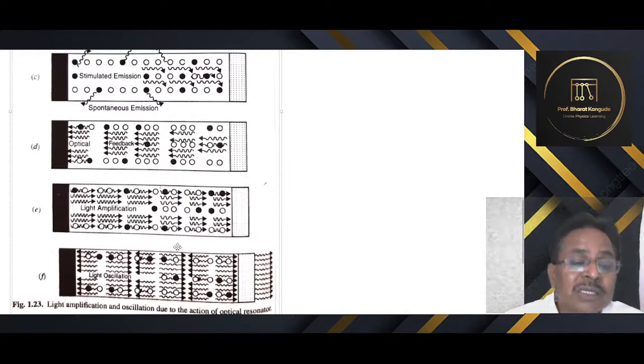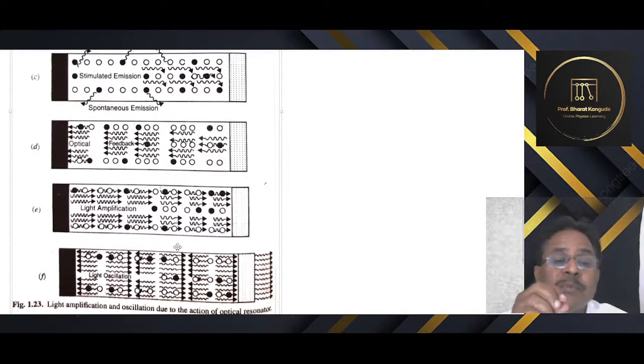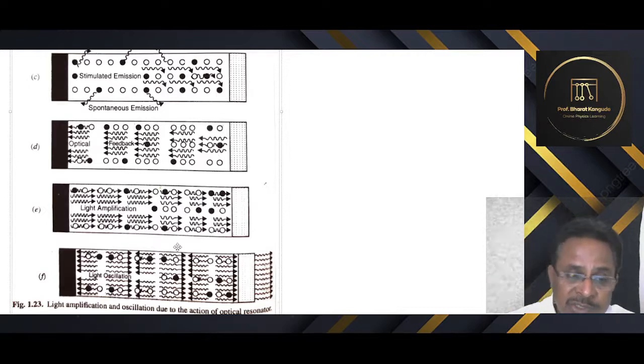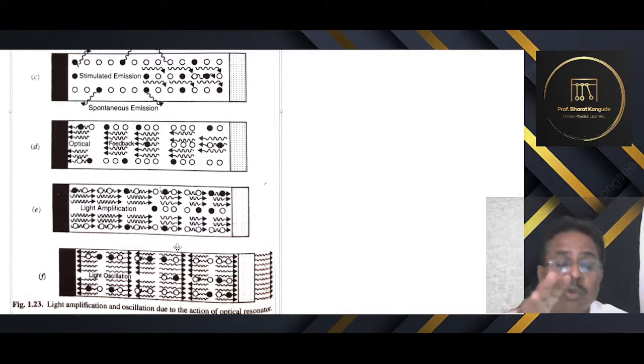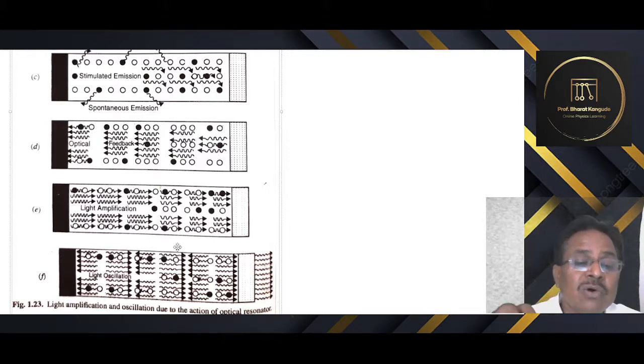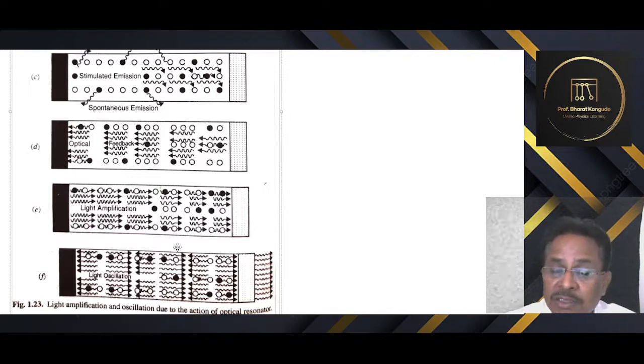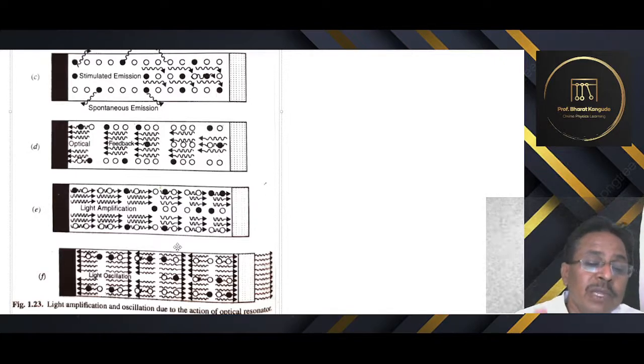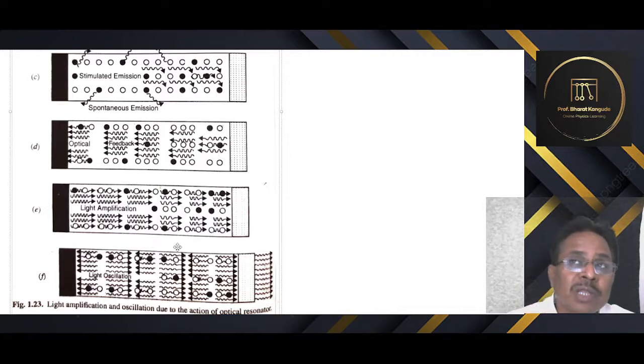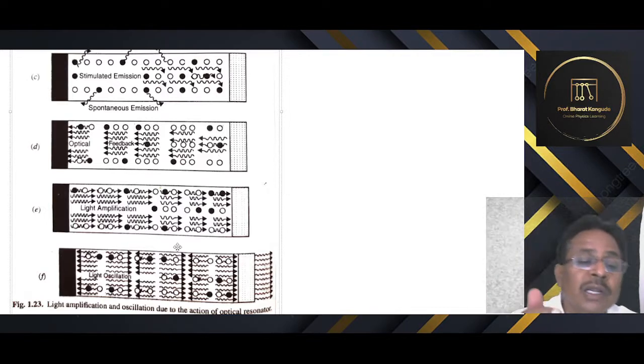Now the photons are going in a particular direction, there are no random photons, only stimulated emissions. Whatever number of photons are emitted, they will have a particular direction, and all these photons will get directed toward mirror M2, and this process of reflection from mirror 1 and mirror 2 goes on continuously.